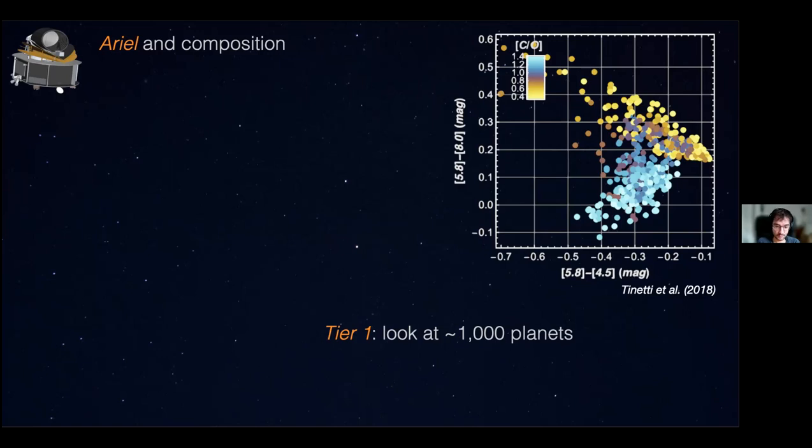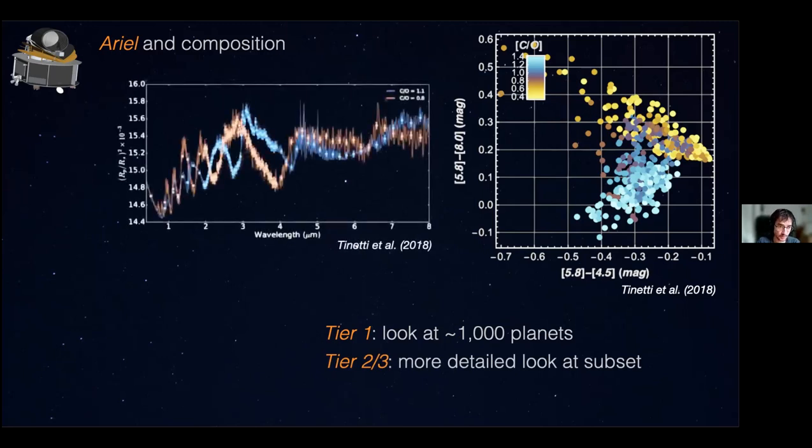So some kind of color analysis like this should become possible. It's already at tier 1, and there are tier 2, tier 3 parts of Ariel where there is a more detailed look that will be taken on planets that have a high expected signal to noise. And these are some predictions from this paper.